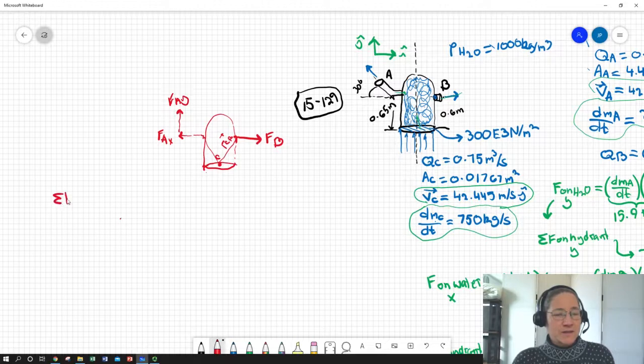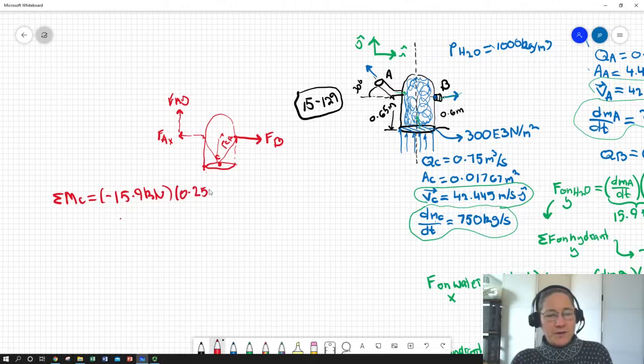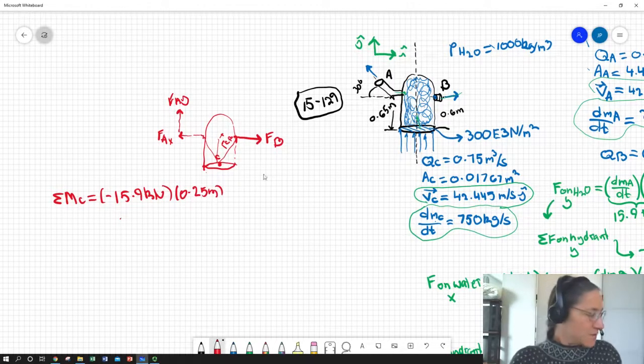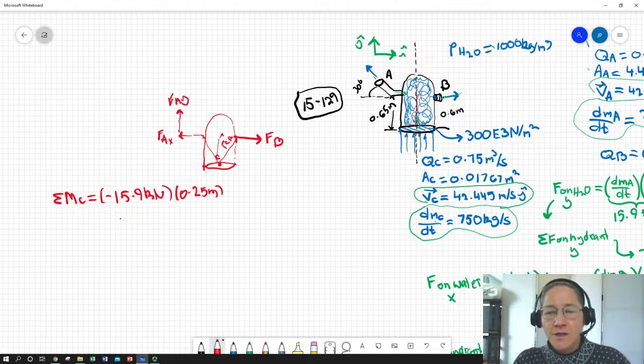So we could say the sum of the moments about point C. We can just break up those vectors, calculate each one based on their perpendicular distances, and we end up getting negative 15.9 kilonewtons times 0.25 meters. And that 0.25 meters was coming from a dimension here.